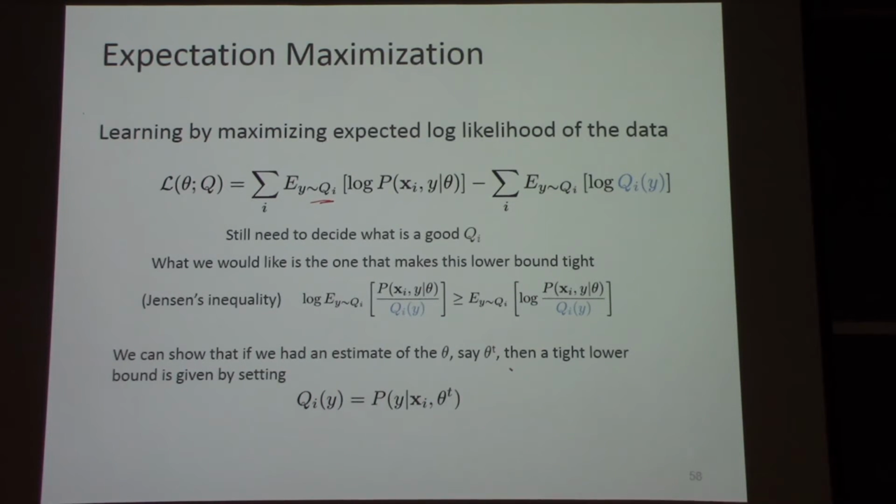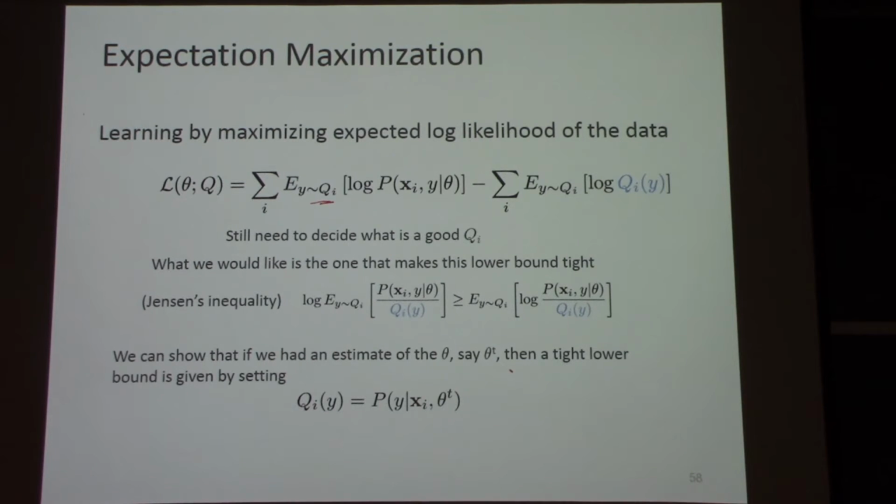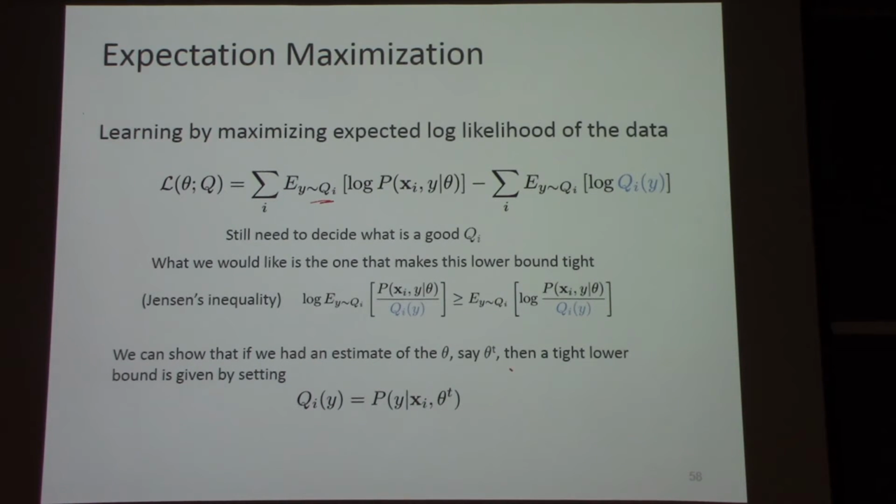So what we'll do is pretend that our current estimate of the parameters, the theta, which for example in naive Bayes would be the priors and the likelihoods, are the ground truth, or the best guess that we have, and use the probabilities according to that current model as these functions Q.